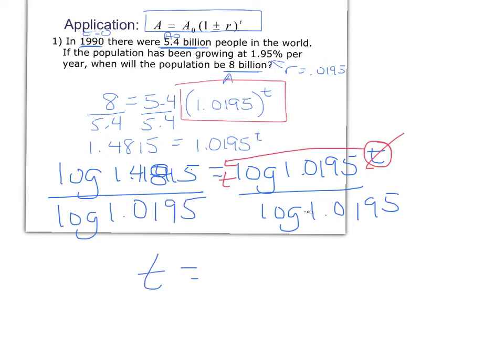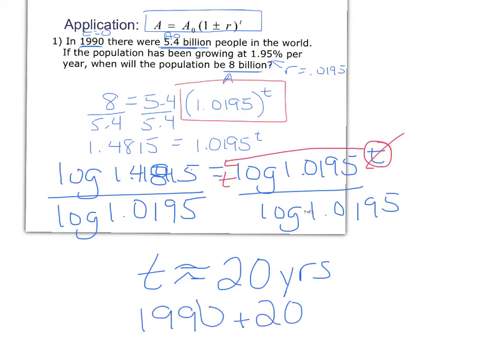And t will equal approximately 20 years. So you're not really done because you want to make sure it says when will it? Well, it's 20 years from 1990. So 1990 plus 20 is going to be 2010. And that's the answer you're going to give.